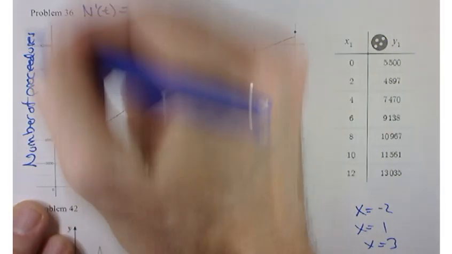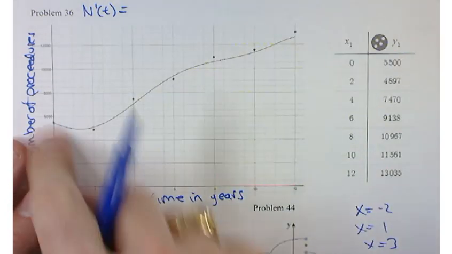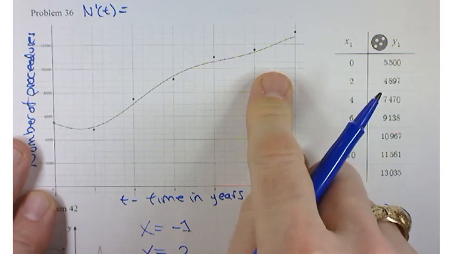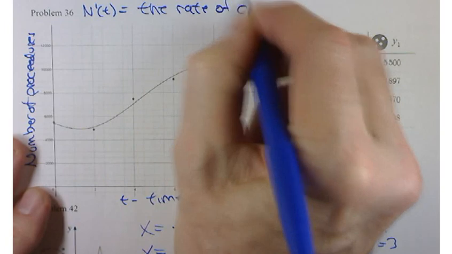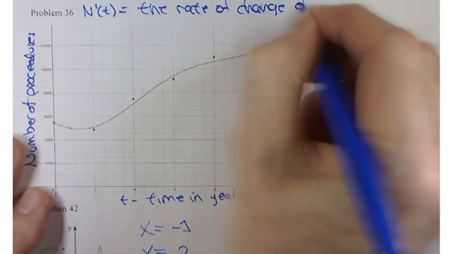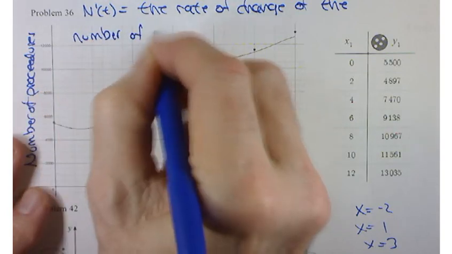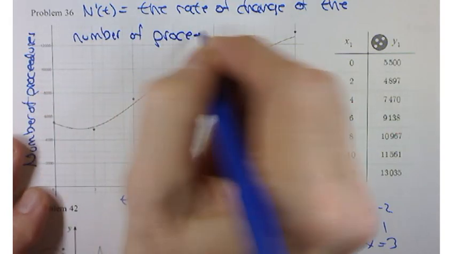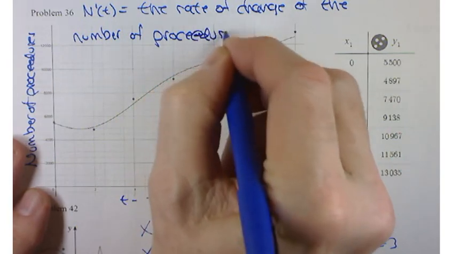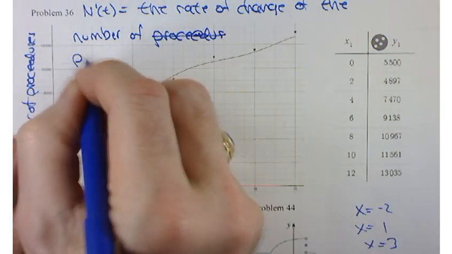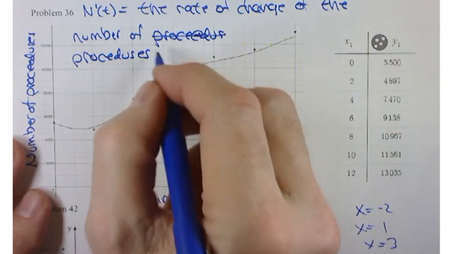And since our function is the number of procedures, this is telling you how the number of procedures performed per year is changing. So the rate of change of the number of procedures per year.